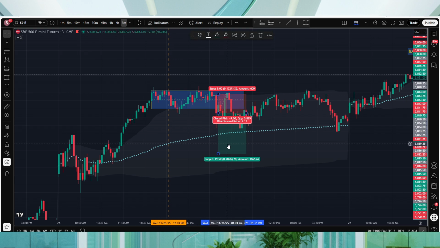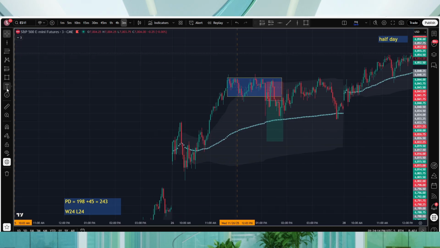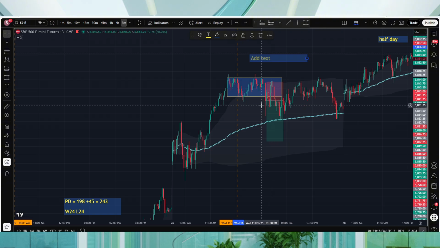We get a 9-point loss at 1:24. I'm not looking to take any trades on that day after that, because it's a bit late. We close all our trades around 3 p.m., therefore not much room for the market to advance.